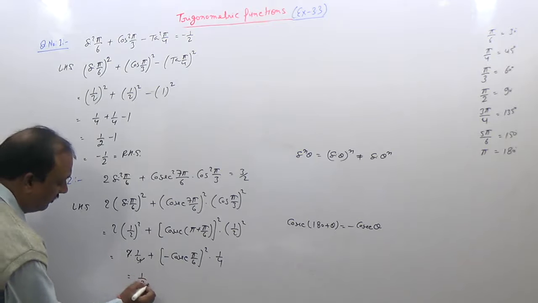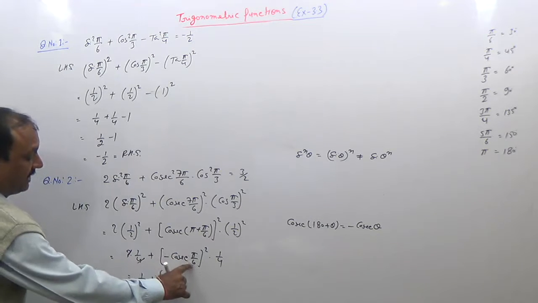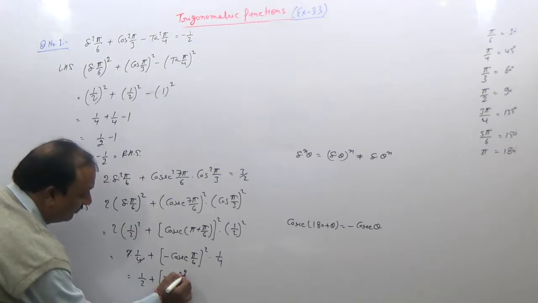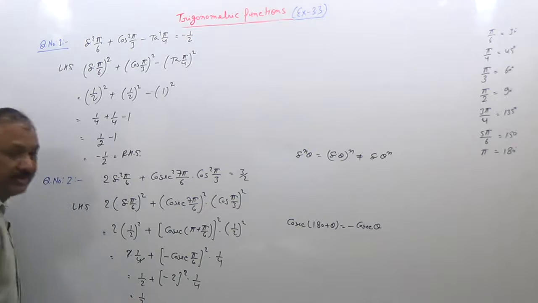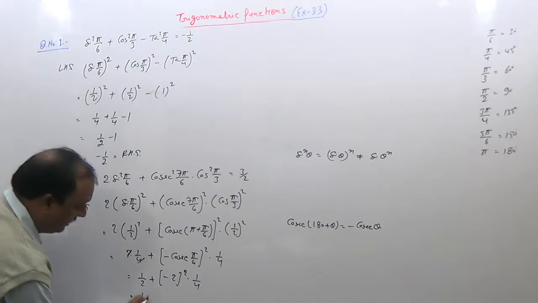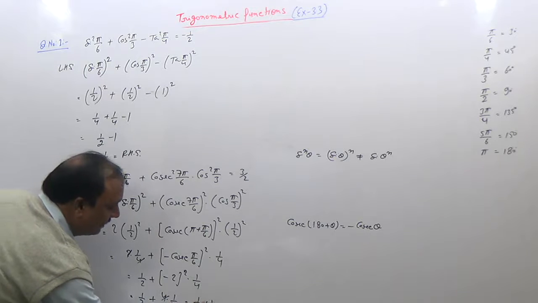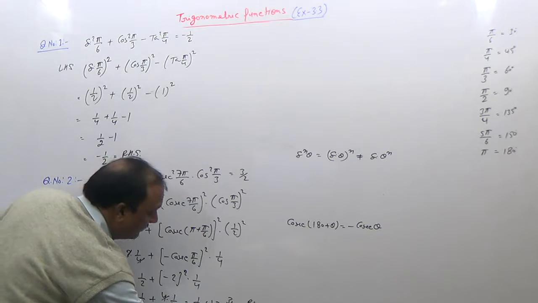Cosec 30 is 2, squared, into 1 by 4. So 1 by 2 plus 1 is 3 by 2, and this is the RHS.